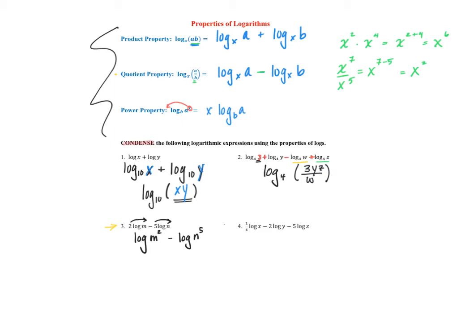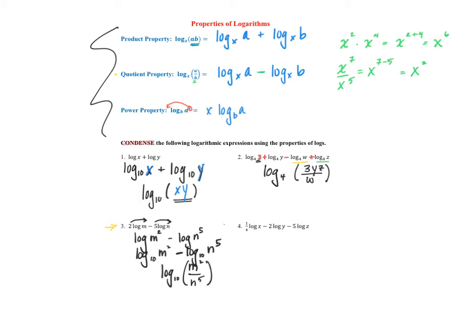Again, there was no base written. If you are more comfortable writing a base 10, that's log base 10 of m squared minus log base 10 of n to the fifth. So writing that as a single log, log base 10, always starting off with that first argument. I subtracted my second log, and since subtraction gives me a quotient, that n to the fifth is going to go in the denominator.